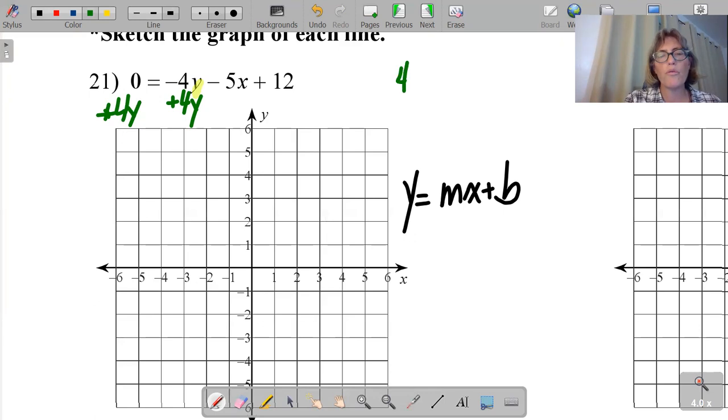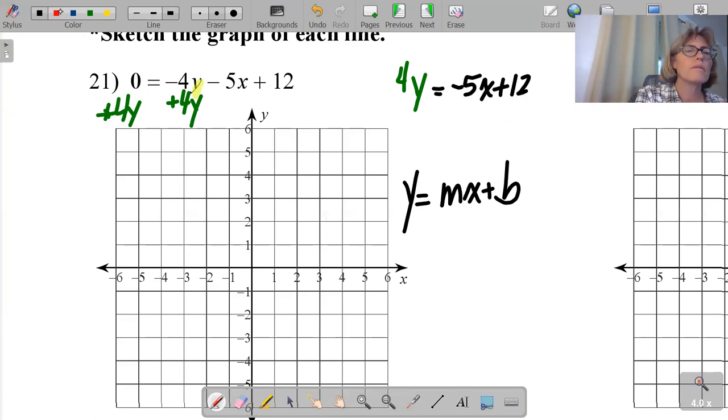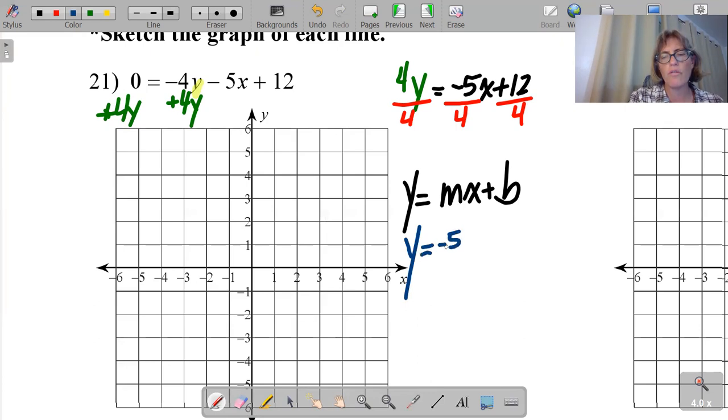So I end up with 4y equals negative 5x plus 12. I'm going to divide by 4, and you must do every single term, so that finally I get y equals negative 5/4 x plus 3.